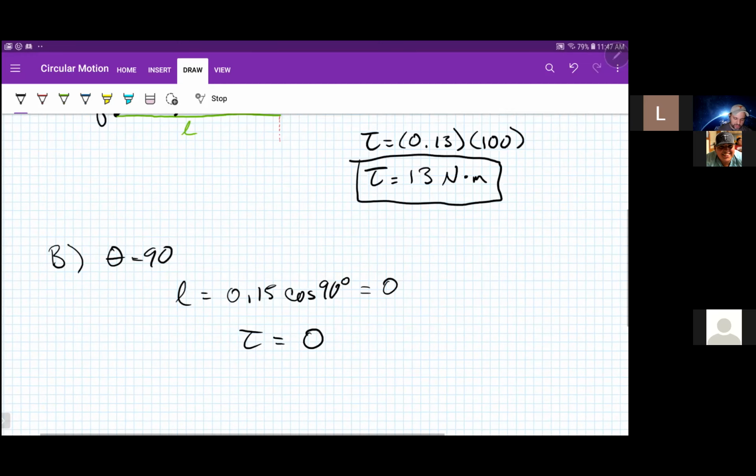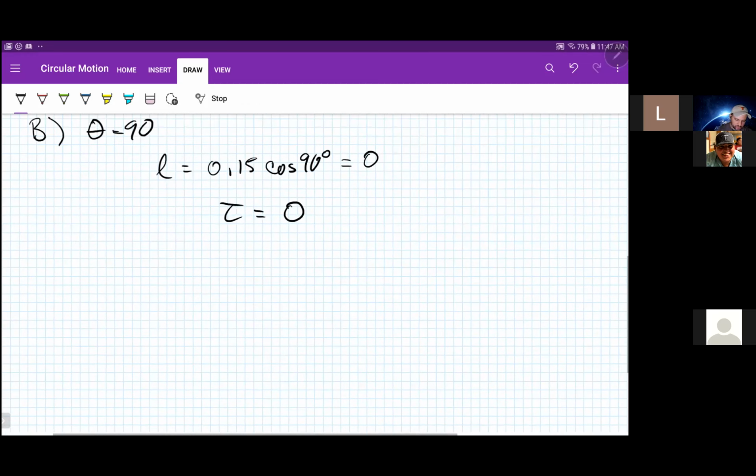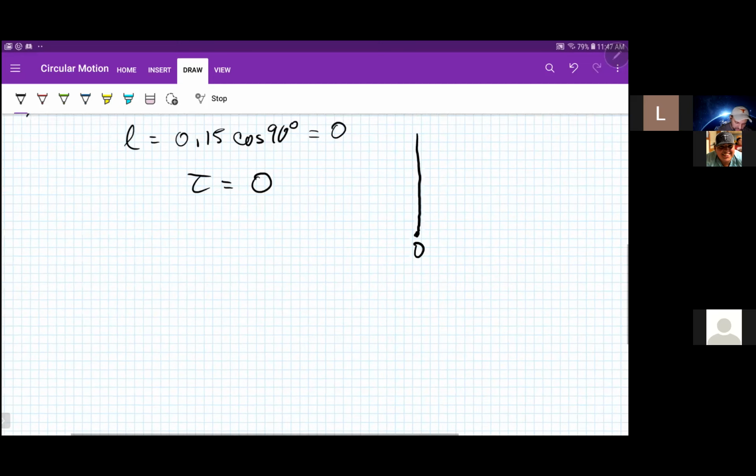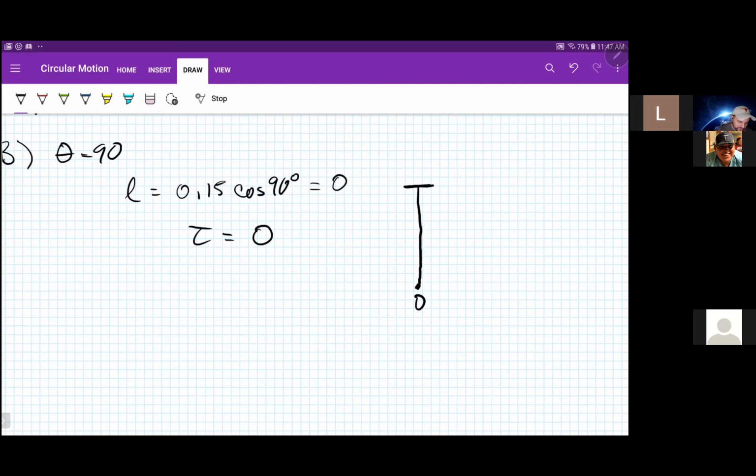Just to draw that out, that's O. My pedal's up here now. I'm applying my 100 Newton force straight down along that pedal. We've got this 90-degree angle here. That force is not going to cause this thing to rotate at that point, because the force is acting along the length of the pedal. So that's not going to cause a torque or a rotation. The torque there is going to be 0.